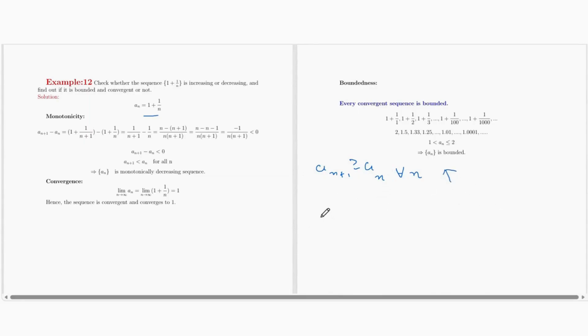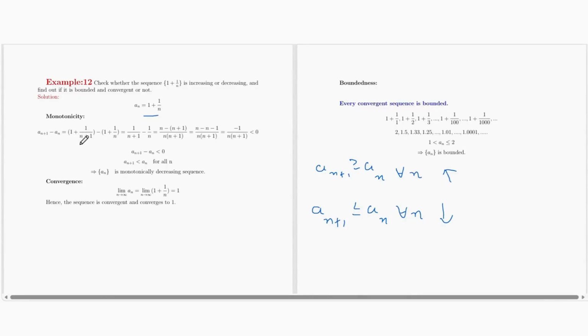And if a_(n+1) is less than or equal to a_n for all n, then the given sequence is a decreasing sequence. Either an increasing or a decreasing sequence is known as a monotonic sequence. So first we need to check the monotonicity.